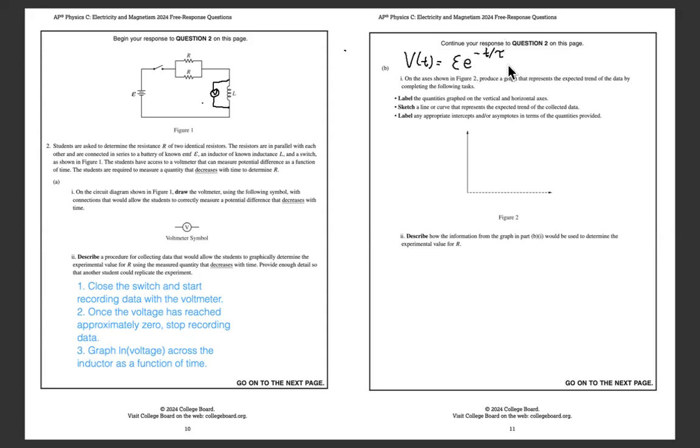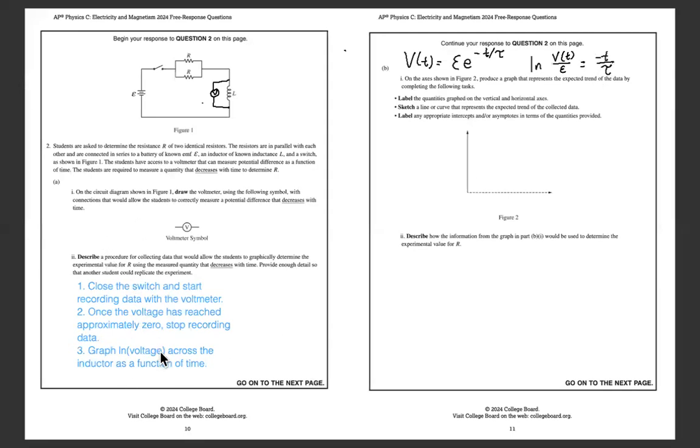Where tau is like your time constant that depends on the resistance. And so therefore, natural log of V of t over E is actually going to equal negative t over tau. And then you can use the slope of that graph to help you find the resistance.